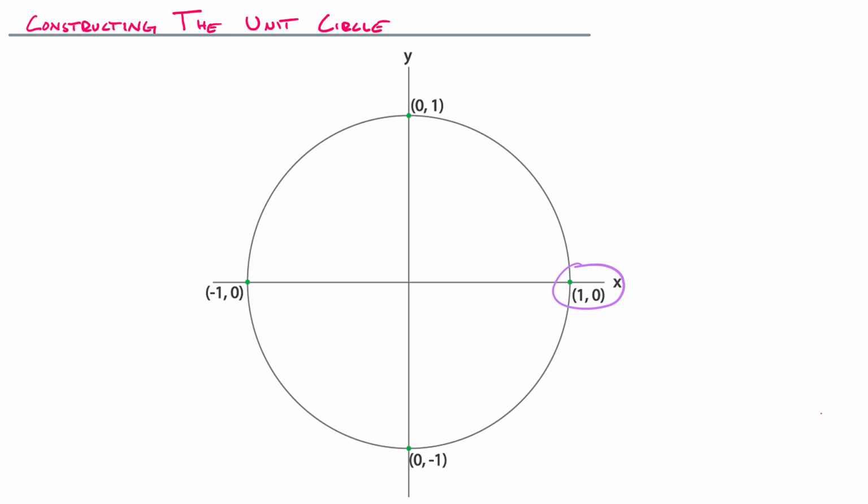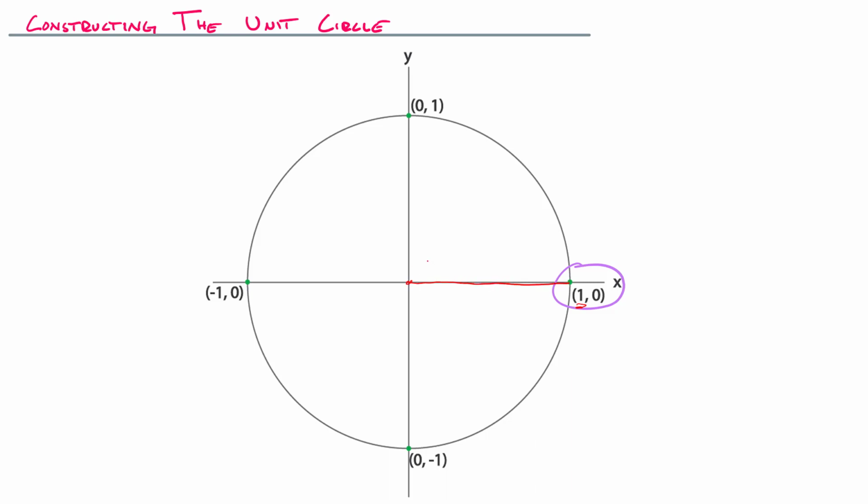Because the x coordinate is the output for cosine, just look at the angle measurement that you're plugging in to figure out what input-output pair you can make for cosine and sine respectively. For example, the cosine of 0 degrees or 0 radians is 1, because we haven't moved anywhere.